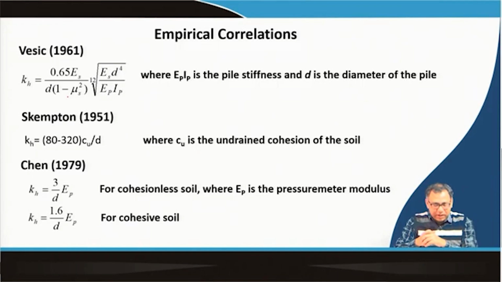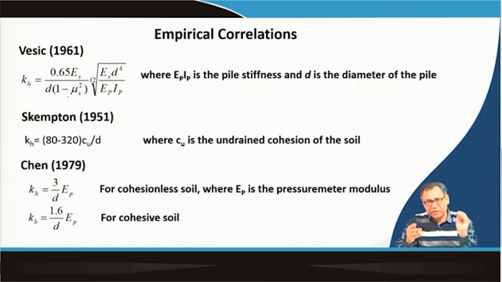Skempton has given a correlation based on your Cu value, the undrained cohesion value of the soil for clay, and that correlation can be used for clay. These ranges are given. Menard has given some correlations with respect to the pressuremeter modulus, because I have already discussed what the pressuremeter modulus and the pressuremeter test are in my soil exploration part.